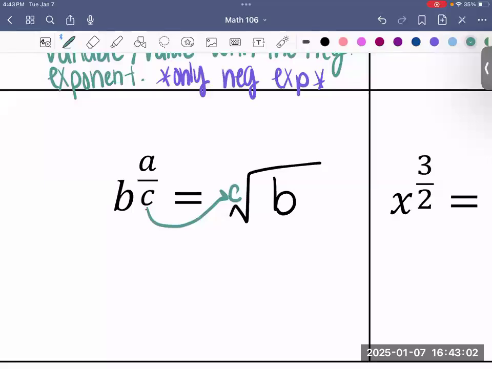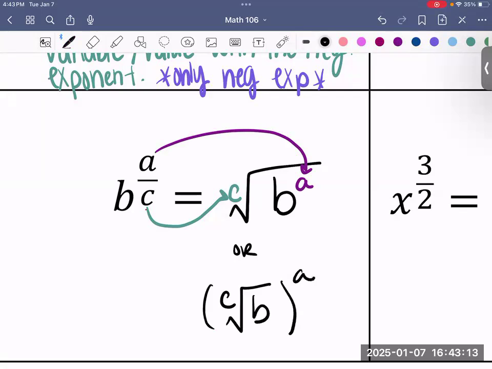Anything that remains in your numerator goes on the inside. Now you could also write it as c root b to a as well. That is perfectly fine, as long as b and a are going together, and c is the power of the root.